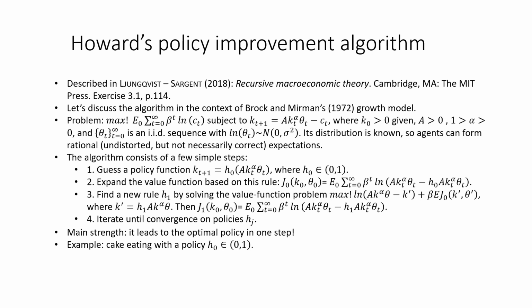Let's apply this policy improvement algorithm in the context of the simple cake eating problem. Alright, so let's see the basic cake eating problem in the Howard policy iteration algorithm. The problem is familiar.